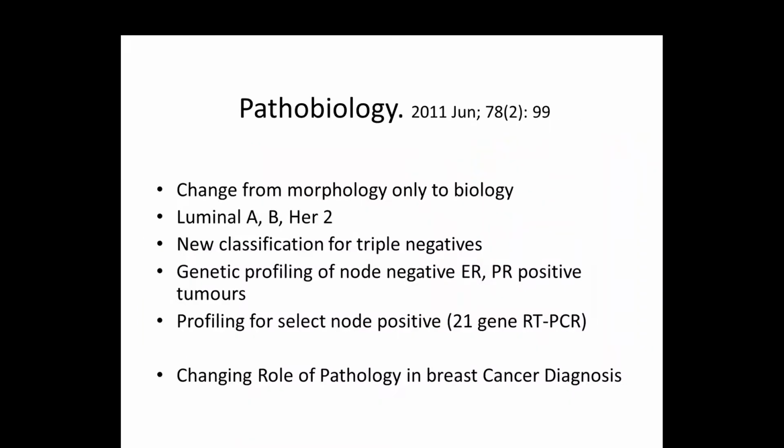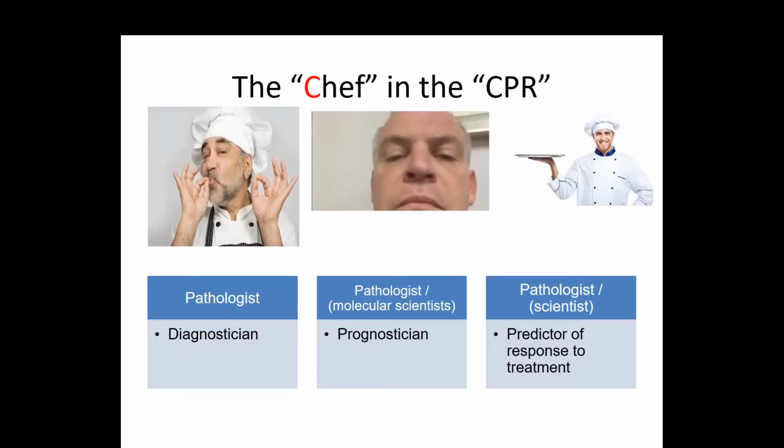So the role of the pathologist has changed since 2011, where we started looking at genetics and pathobiology, and we changed from morphology to biology. We now call our tumors NST, and we need to understand luminalities, A and B, HER2 enriched, and a new classification for triple negs. This has been further enhanced by genetic profiling of tumors, both in the node negative and select node positive environment. So we now have a changing role in cancer diagnosis.